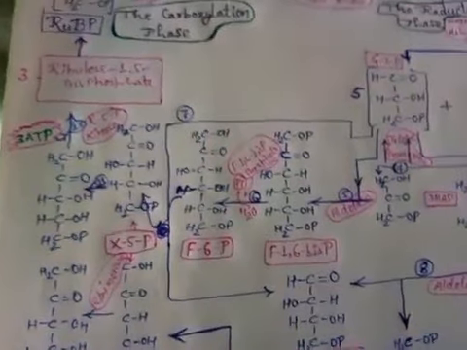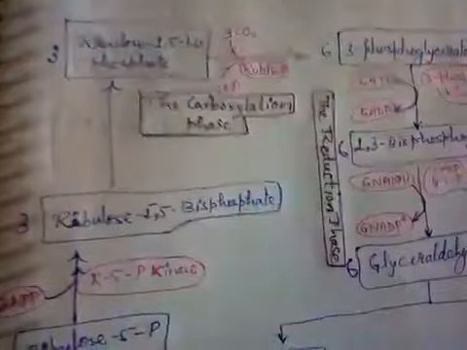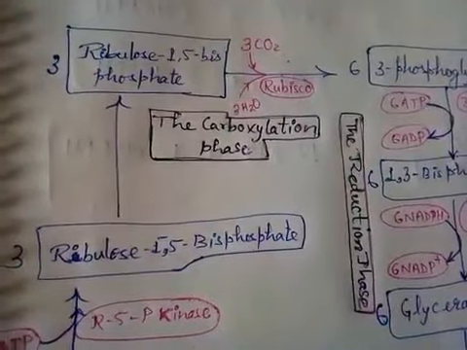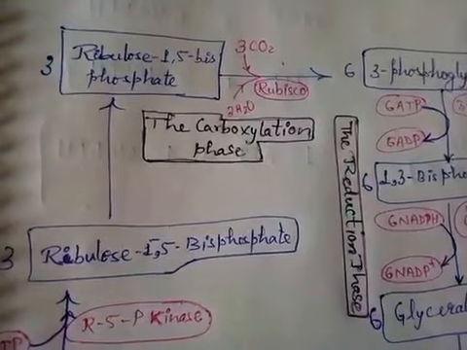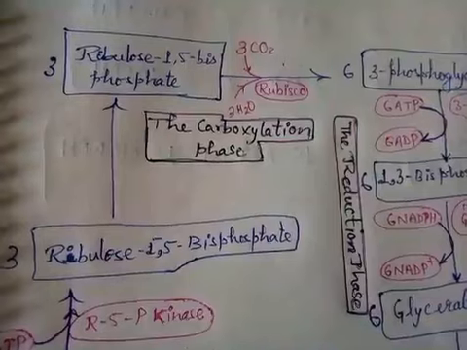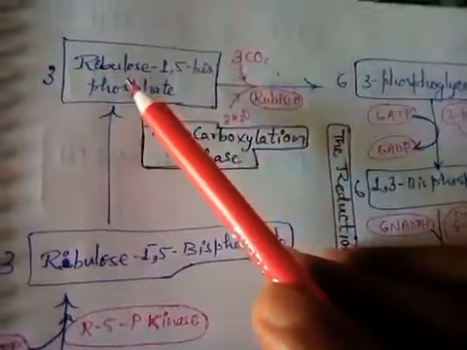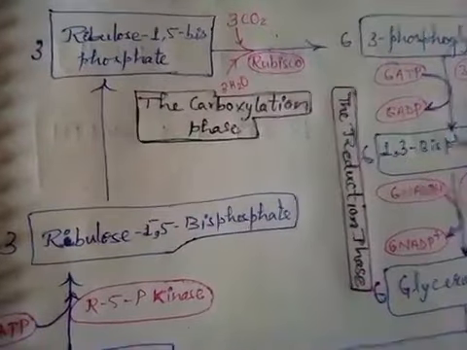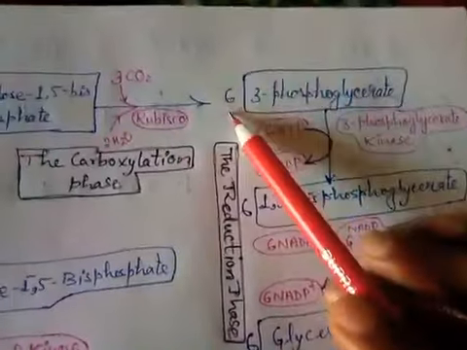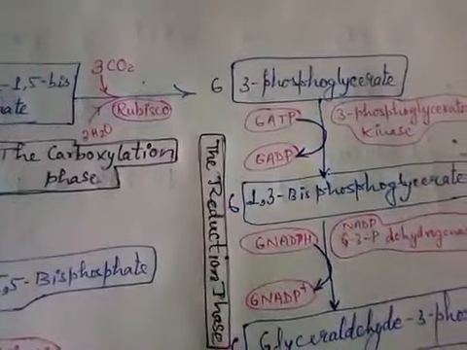Now take it the easy way. Now revise it very quickly. 3 molecules of RuBP, ribulose 1,5-bisphosphate, in the presence of enzyme Rubisco, are carboxylated, and therefore it is the carboxylation phase. These 3 molecules accept 3 molecules of CO2 and are converted into 6 molecules of 3-phosphoglycerate.